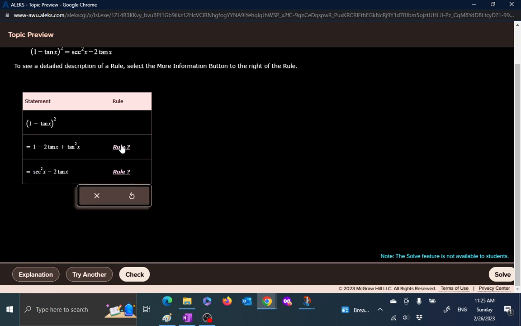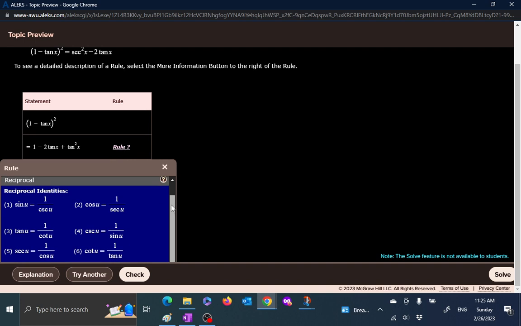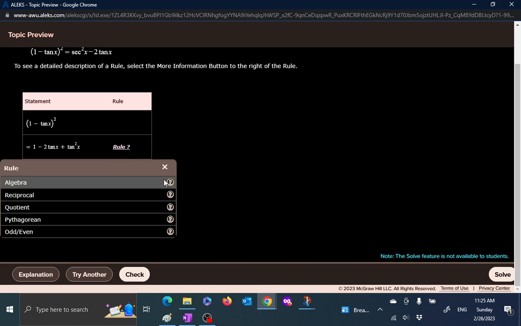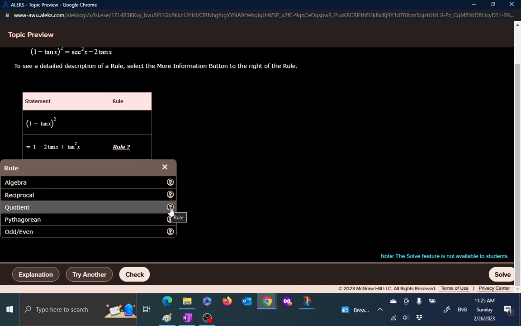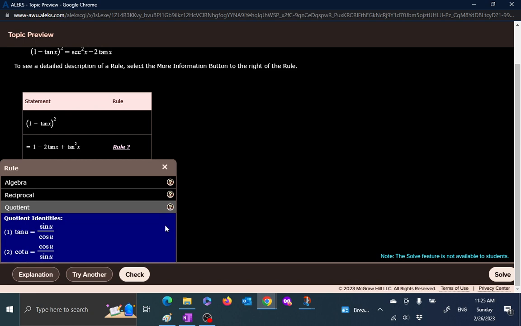Then in our list of identities are the quotient identities. You remember tangent is a ratio of sine to cosine, and cotangent is the inverse of that.